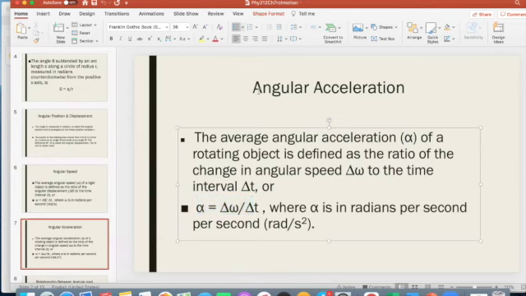The SI unit for angular acceleration is radians per second squared. Linear acceleration was meters per second squared, the SI unit for linear speed was meters per second, angular speed is radians per second, and the linear displacement was in meters, while the angular displacement is in radians.